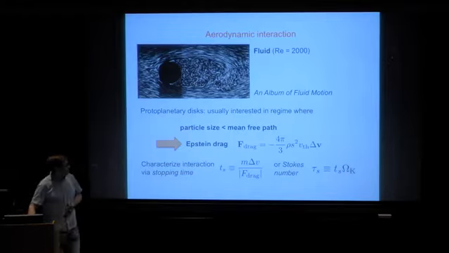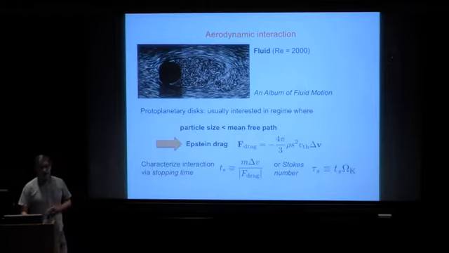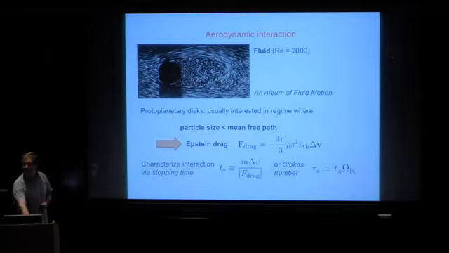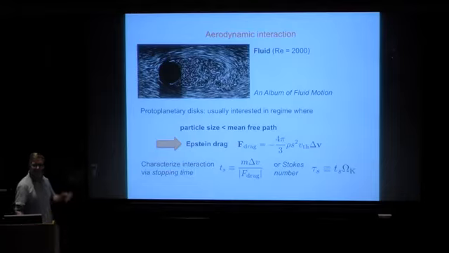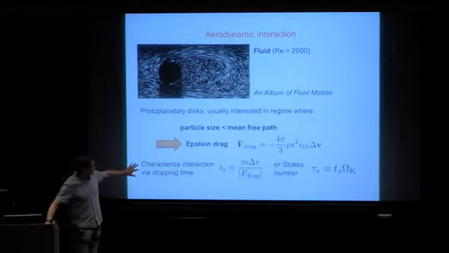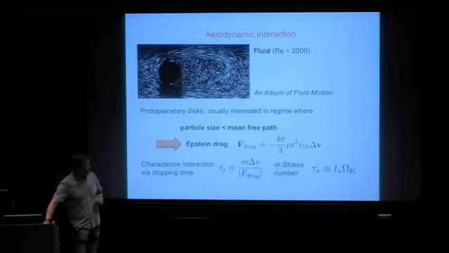If you're a cyclist worried about drag when going faster, it would be great to be in the Epstein regime, because if you doubled your speed, you'd only get twice as much drag rather than four times as much. Might not be so good if you had to breathe as well, because the density would be some tiny low value. So in this Epstein regime, you can characterize the interaction pretty fully in terms of a quantity called the stopping time.